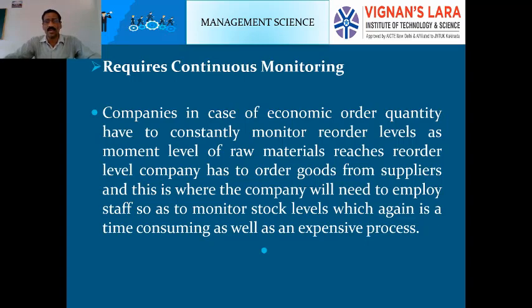Companies in case of economic order quantity have to constantly monitor reorder levels, minimum level, maximum level, danger level, and movement level of raw materials. When stock reaches the reorder level, the company has to order goods from suppliers, and this is where the company will need to employ staff to monitor stock levels, which again is a time consuming as well as expensive process.